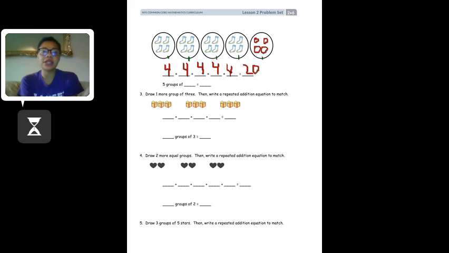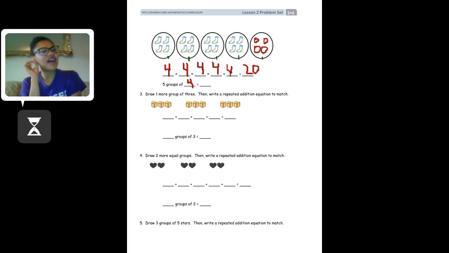Now it's time to complete our sentence statement. It tells us that 5 groups of blank equals a total of how many socks? Well, if I look back at my number sentence, we do have five number fours, 5 groups of 4. So I'm going to write 5 groups of 4 because there are 5 circles, 5 equal groups that each have 4 socks in them.